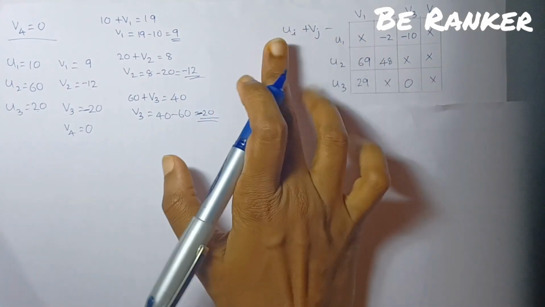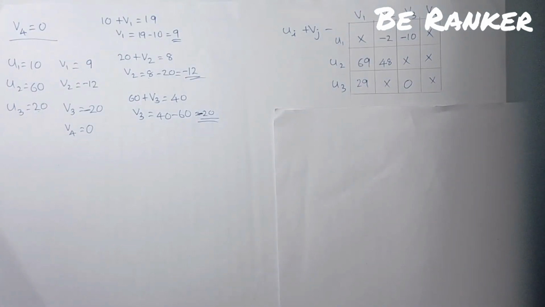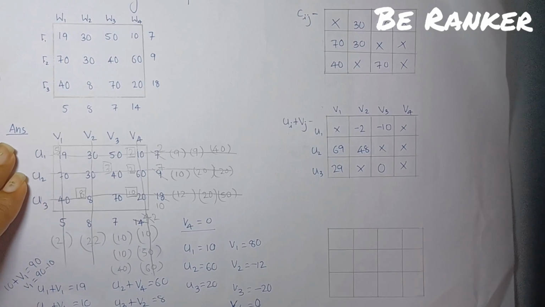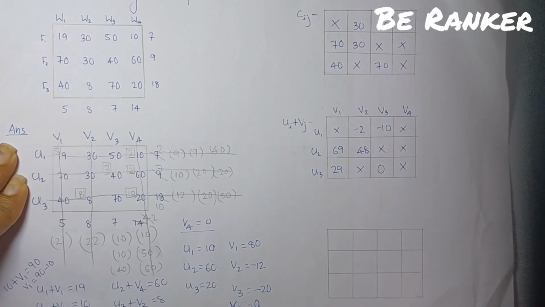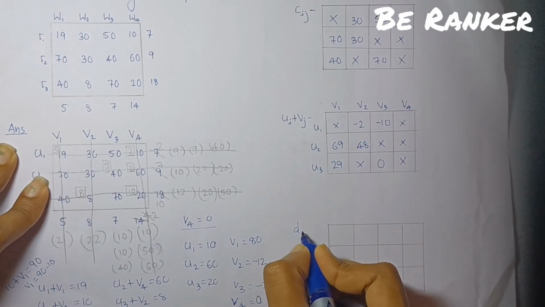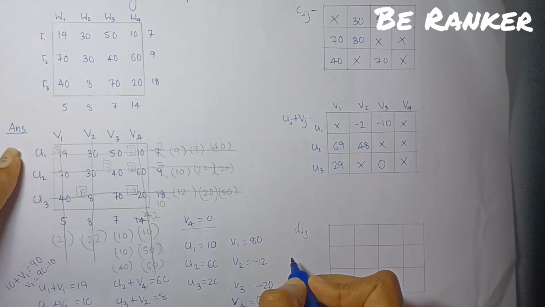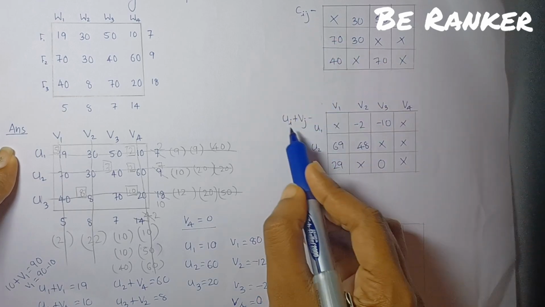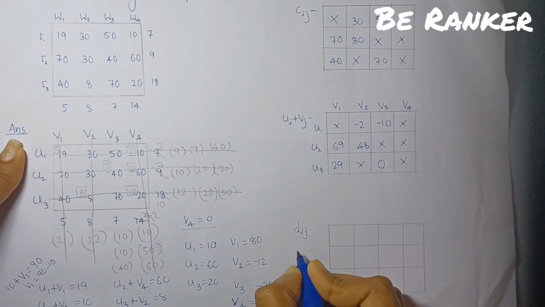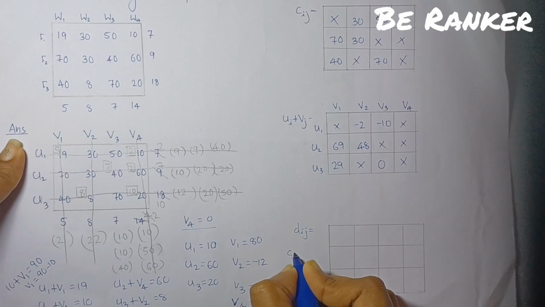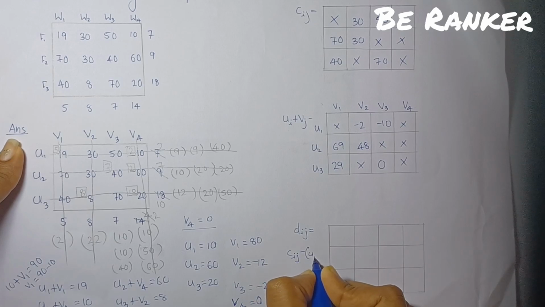So now I write the Ui plus Vj box. And the next step is to write the Dij box. Dij is equal to Cij minus Ui plus Vj.